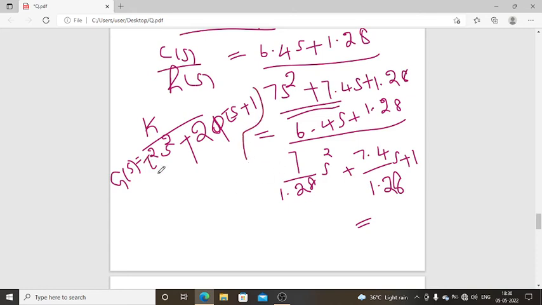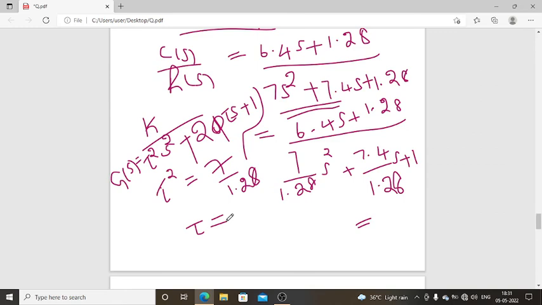So what is the tau value here? Tau squared is equal to 7 by 1.28. Find out the tau value here.